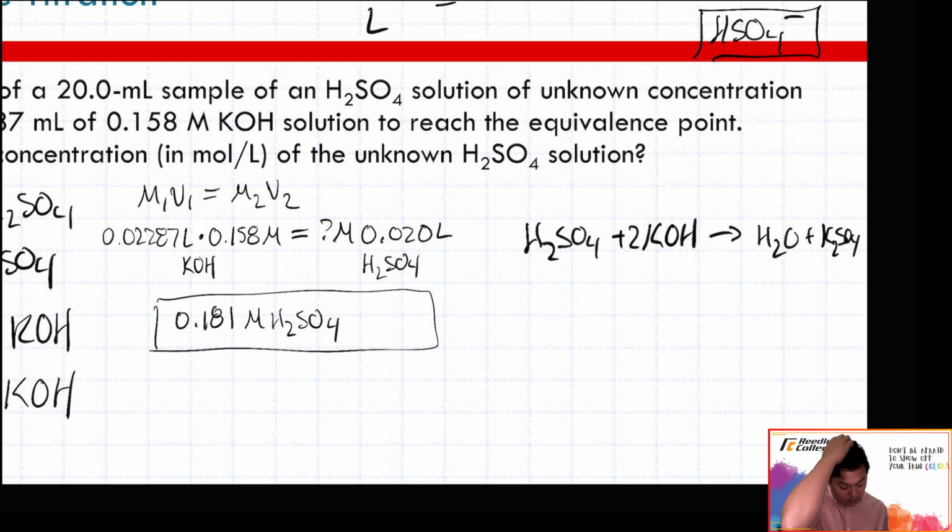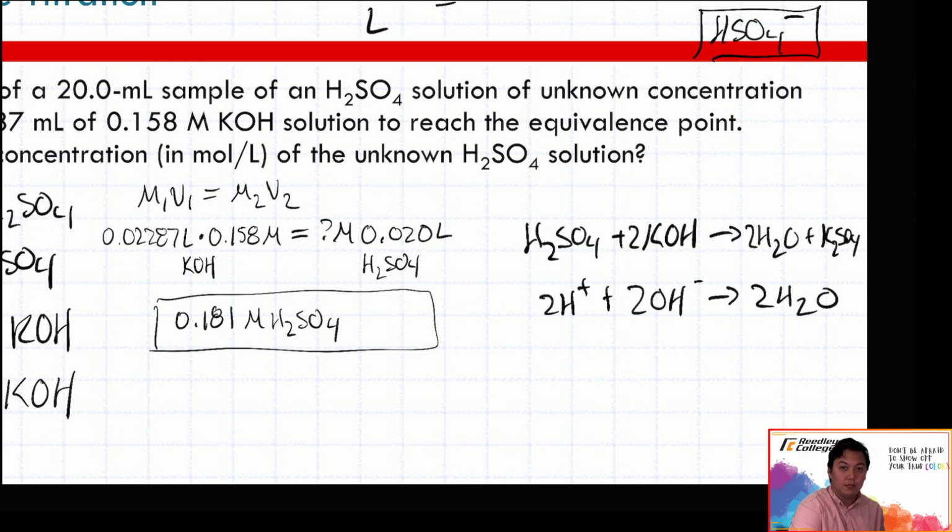If you do this as a net ionic equation, then we've got 2H plus 2OH minus, and then we're actually going to get 2 waters here, 2H2O. So you can see that it's a 1-to-1 because then we simplify this. H plus OH minus is H2O.